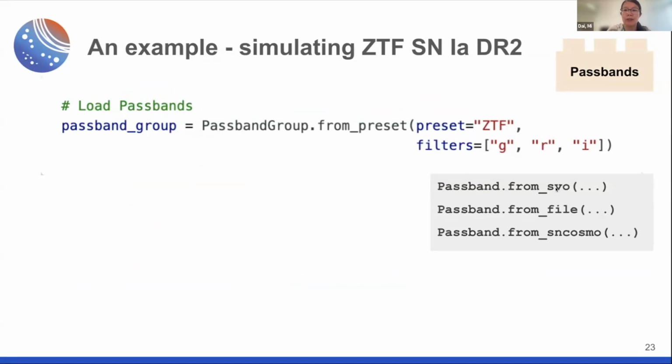For example, you can use the SVO service that has lots of filter transmission information summarized, you can directly read from a file, and you can read from SNCosmo, which also has a bunch of passbands defined.